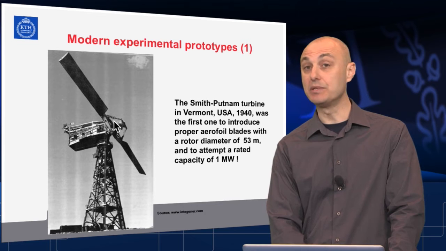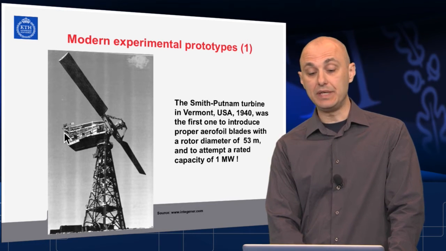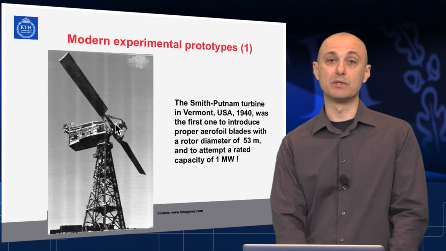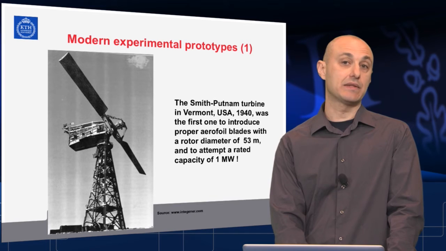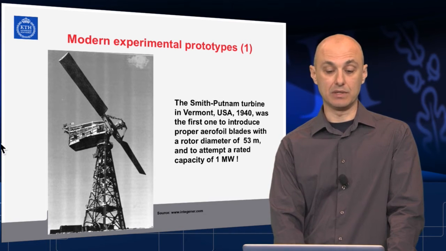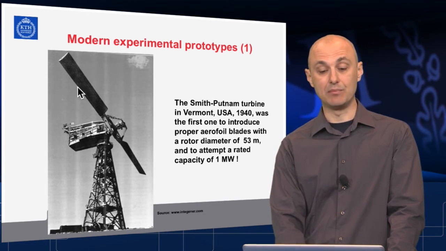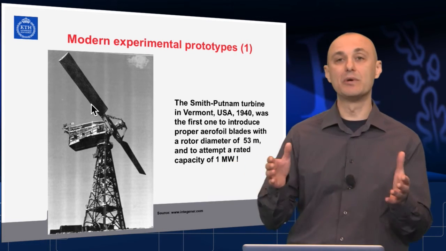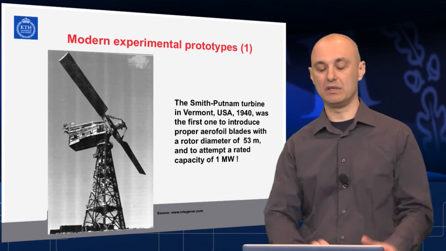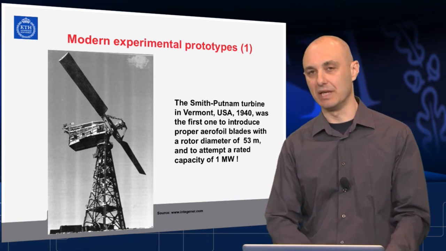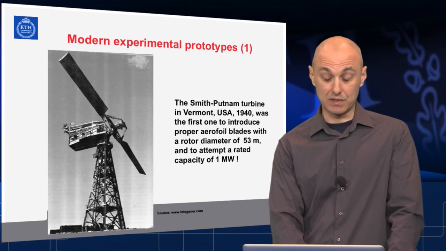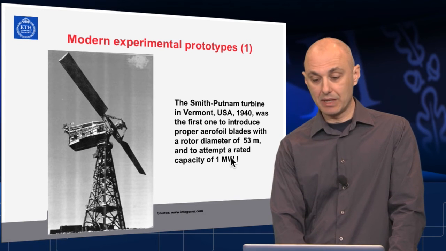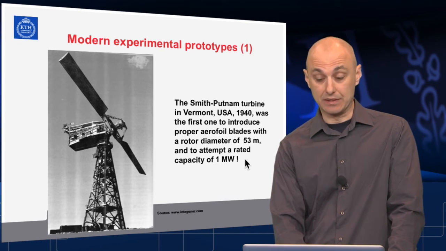It was a downwind machine, and these two guys actually triggered a kind of a trend towards the conception that the downwind style, where the wind comes from here and hits the blades after the tower, is more reliable, self-yawing, or more sustainable, resisting vibrations and so on. Actually, it's exactly the opposite. They had a 1 megawatt synchronous generator, and it actually worked.